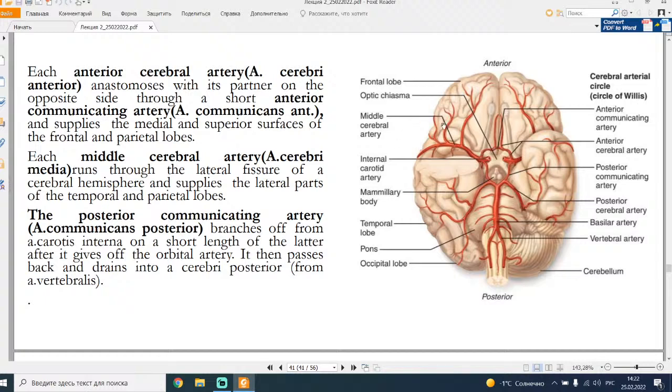Each middle cerebral artery, arteria cerebri media, runs through the lateral fissure of a cerebral hemisphere and supplies the lateral part of the temporal and parietal lobes.